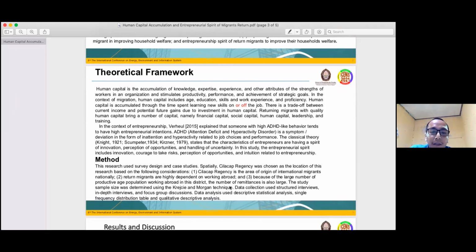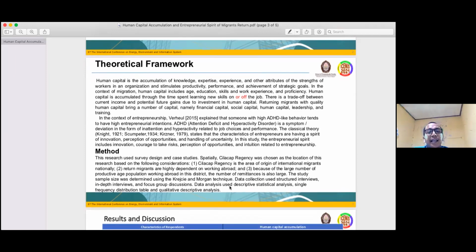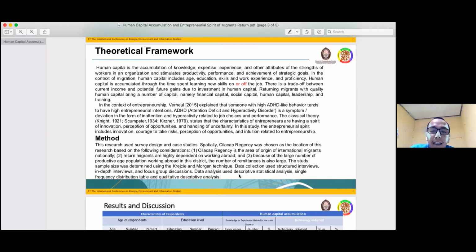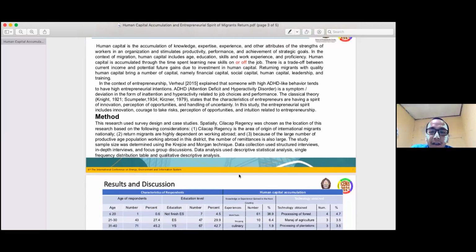So the method of the research: the research uses a survey design and case study, especially Cilacap. Famous migrant origin areas in Central Java are Brebes and Cilacap, in East Java Kendal and Malang, and in West Java Indramayu, Cirebon, and other cities.